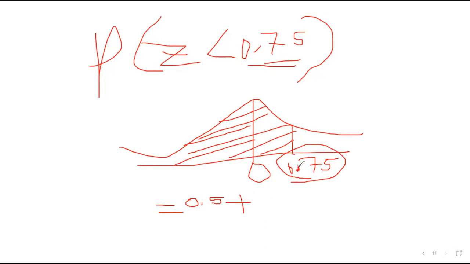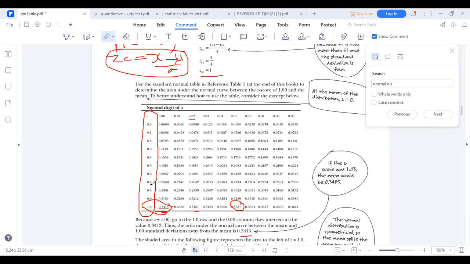You check 0.75 from the table, and it gives us 0.2734.